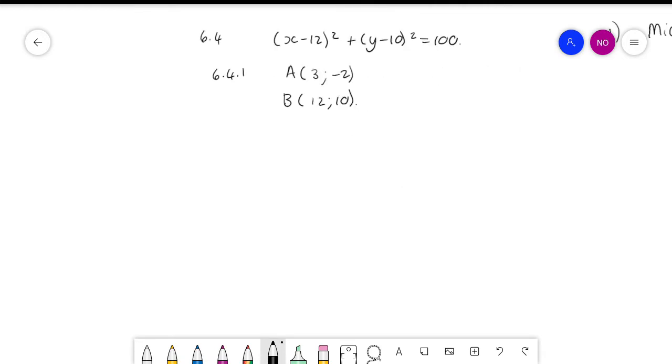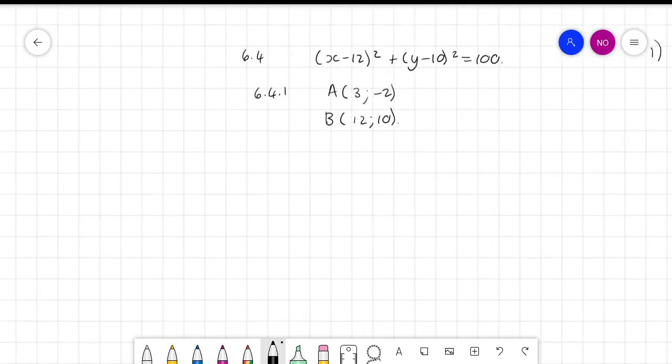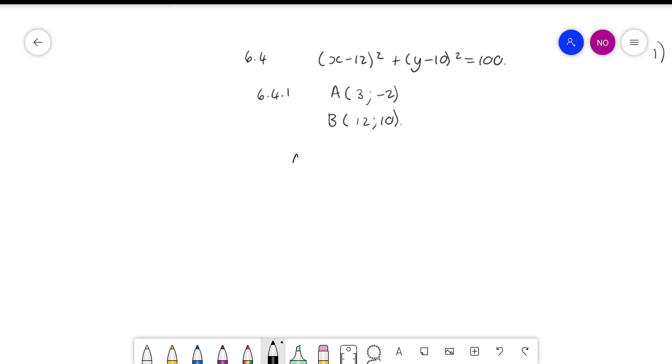Okay, so die afstand AB gaan wees 12 minus 3 kwadraat plus 10 minus 2 kwadraat. 15.